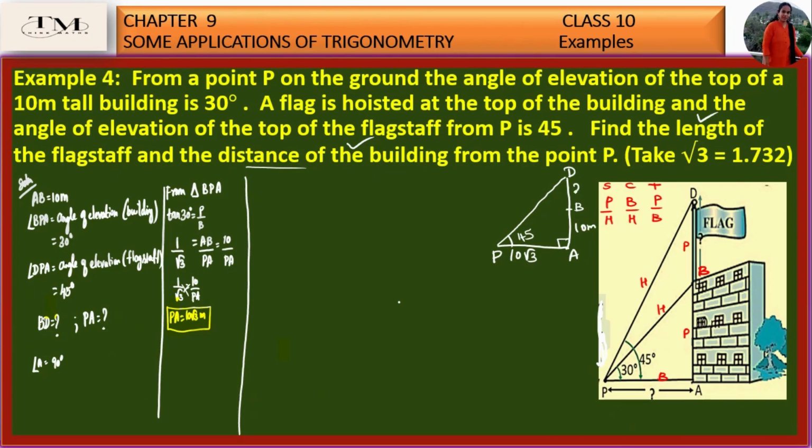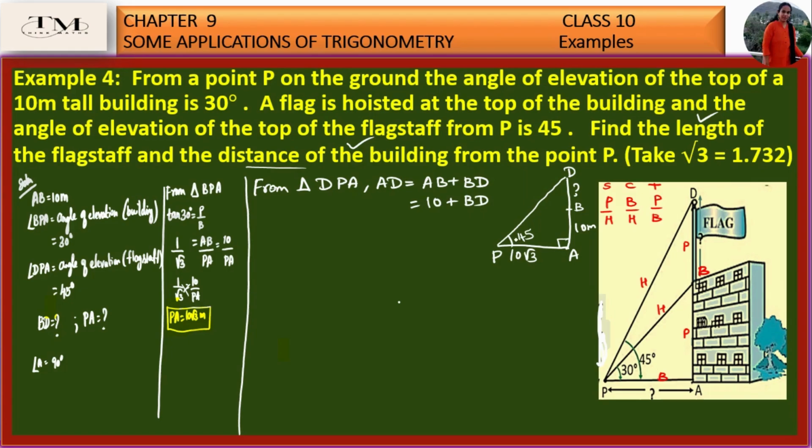Now we have to find out DB. So we are going to use the full length AD. So what is AD? From triangle DPA, AD is nothing but AB plus BD. So AB is 10. BD we need to find out. So which ratio can we use here?